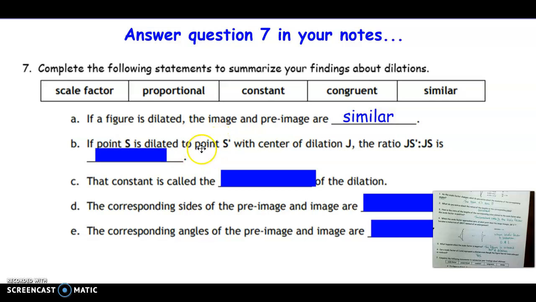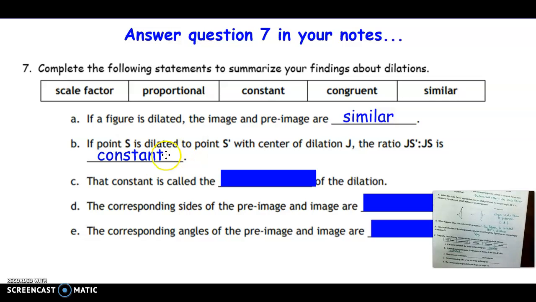If point S is dilated to point S prime with a center of dilation J, then the ratio JS prime to JS is constant, meaning not changing. That constant that we're talking about is called the scale factor of the dilation. So when you write the image length over the pre-image length, that gives you your scale factor.